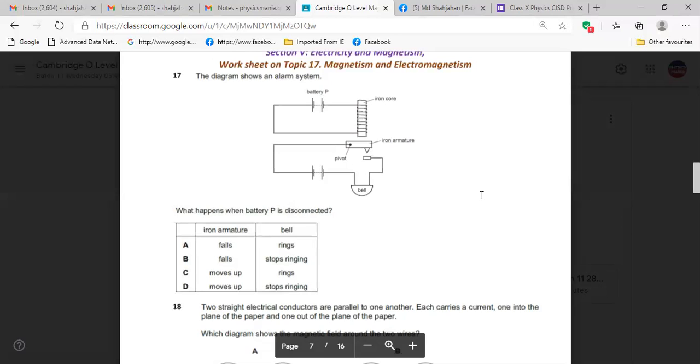So now it's connected. But if it is disconnected, then what happens? First, you say if it is connected, then what happens?